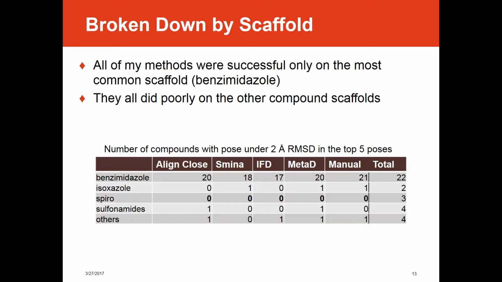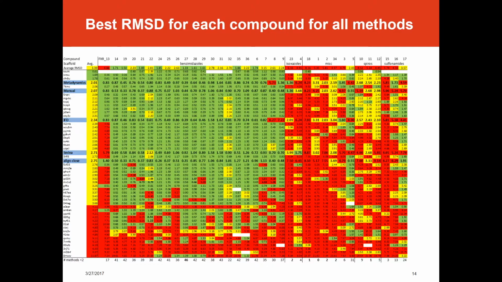This is something that people have mentioned before, in that the scaffold made a huge difference. So most of my methods did well by doing well on the benzimidazoles, but only picked up 1 or 2 of the other ones, which, from what we've seen and what Pat showed, I think is pretty consistent. This table here is huge and busy, but I thought it was helpful for me to understand what happened.